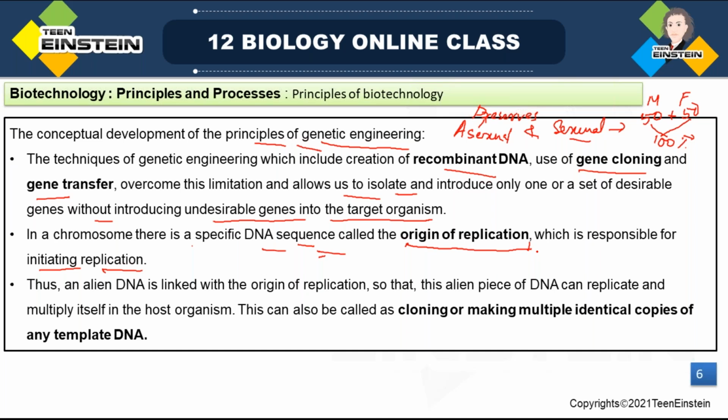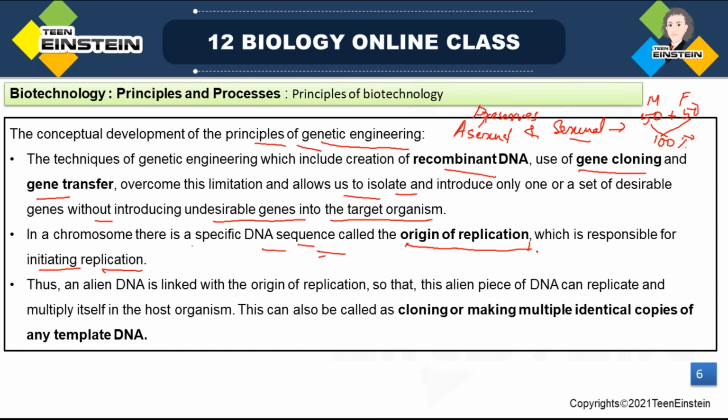So the alien piece of DNA which we have transferred to an organism also needs an origin of replication. When it becomes a part of the chromosome or genetic material, it will have an origin of replication, right?